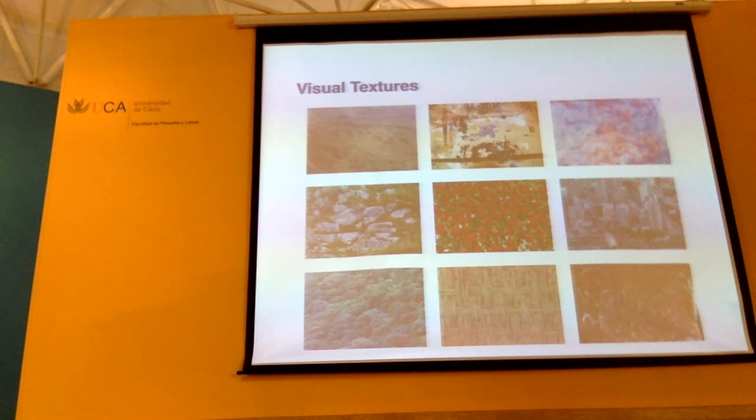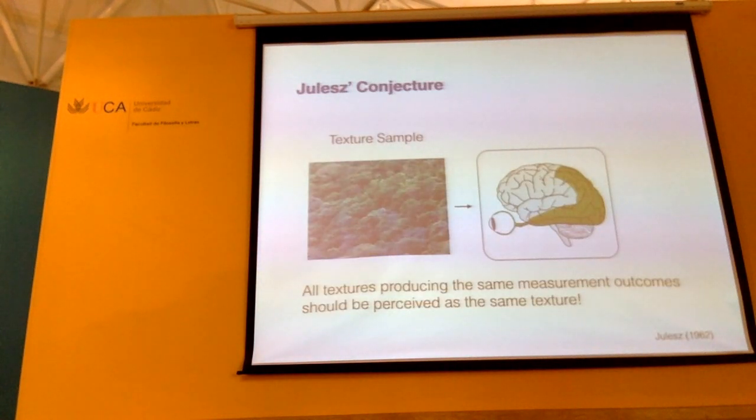And yeah, for probing the brain, textures are particularly useful because they are stationary across space, so you don't have to worry too much about specific position. What is a texture?